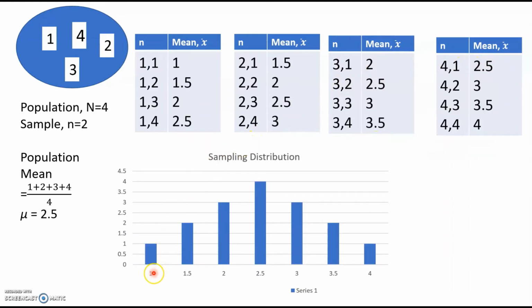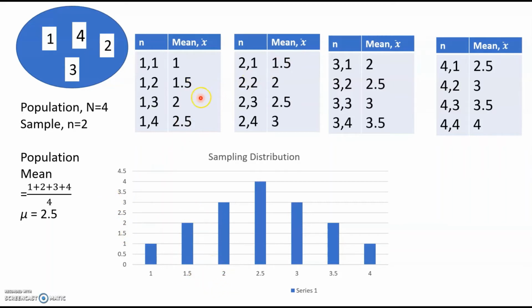So I have marked the means, like say 1 is the mean value here. If the sample is 1 and 1, it doesn't occur anywhere else, it occurs only once. So in this entire sample set, the occurrence is 1. 1.5 occurs twice. So it is 2 times 1.5.